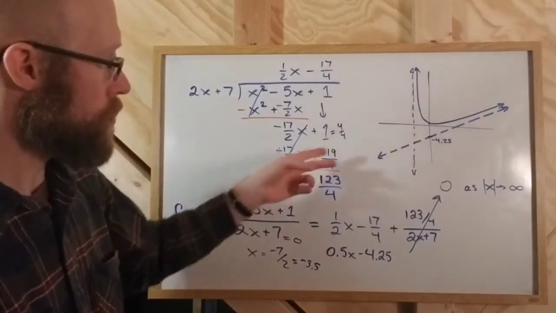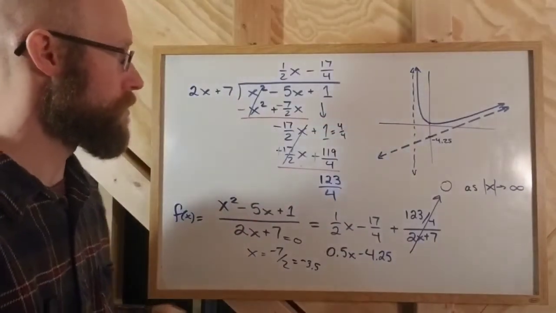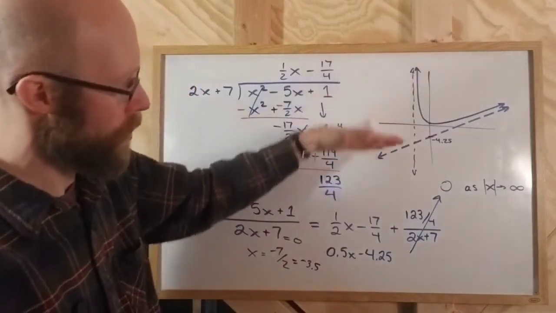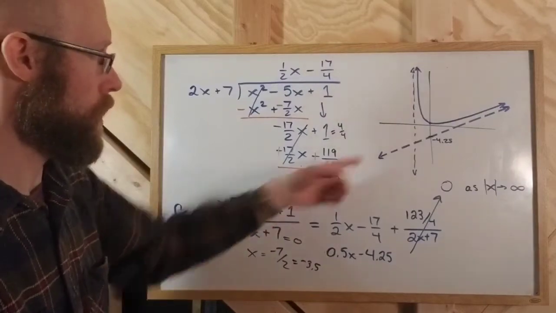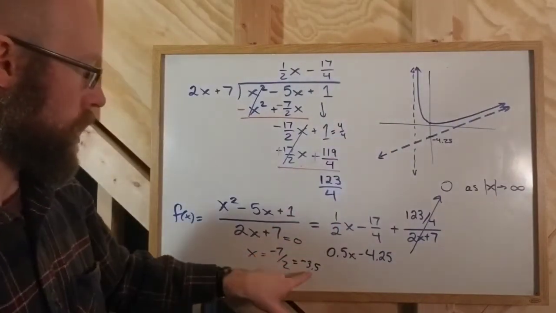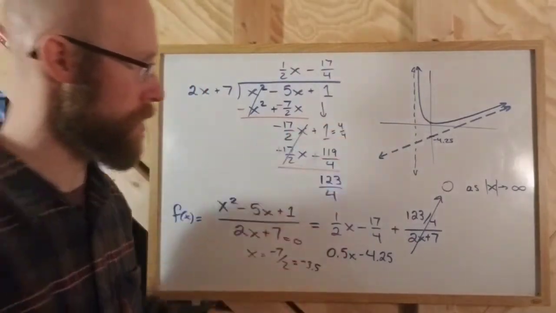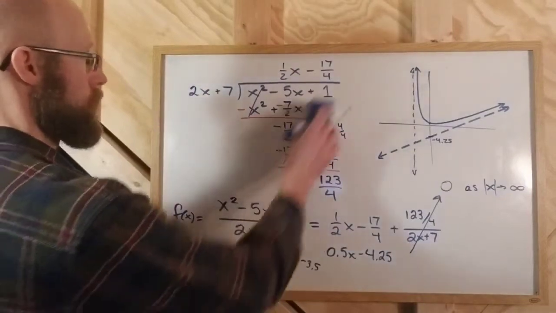Okay, so then the other side, it's either going to be up here on the left or down here on the left. To figure that out, again, you could plug in a number and see whether it's above or below that line. Maybe I would plug in, it's got to be less than negative 3.5. So if I plug in something like negative 4, I should be able to make that determination. Let's get rid of this.